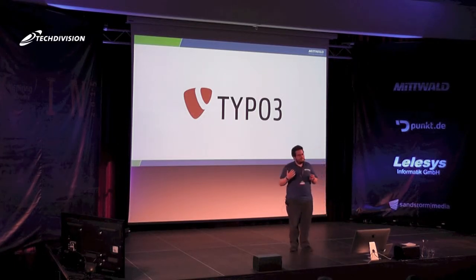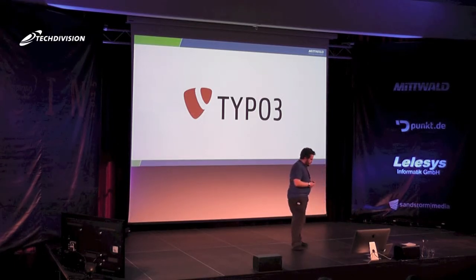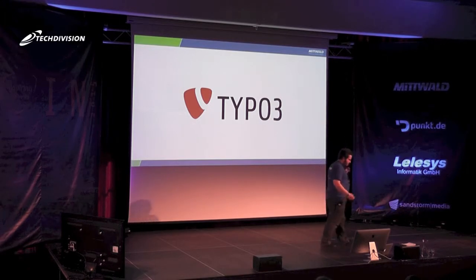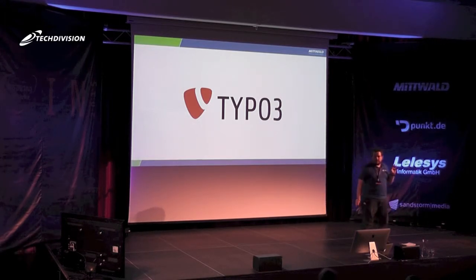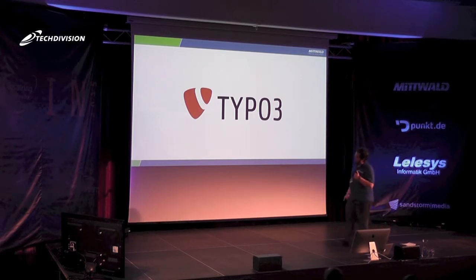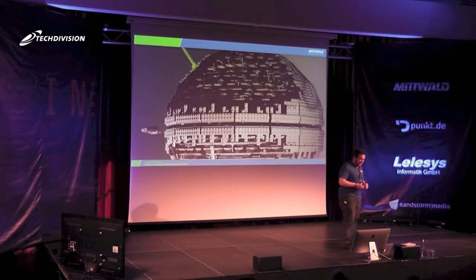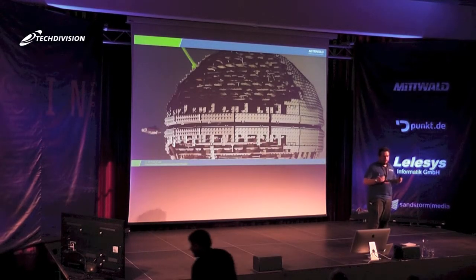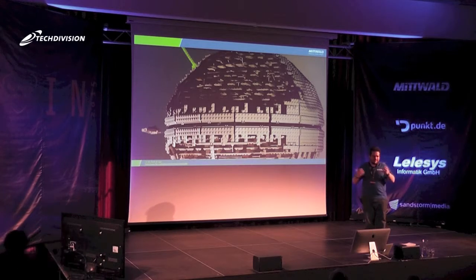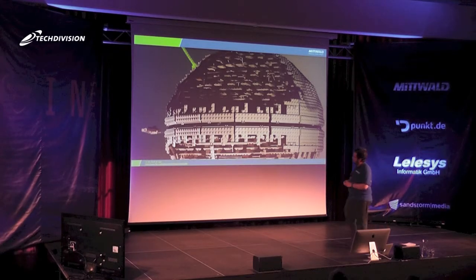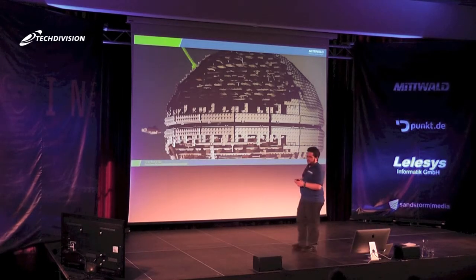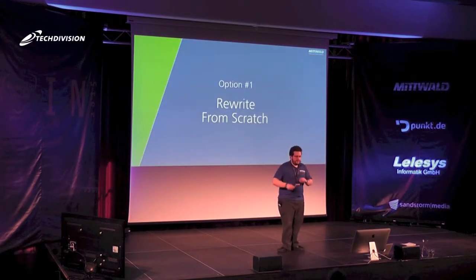So, what do I do when I see one of these legacy applications with heavy business logic? Well, that may be personal for me, but I really like to build stuff. I always did. So the first, intuitive and maybe naive solution that comes to mind is just rewrite that application from scratch.